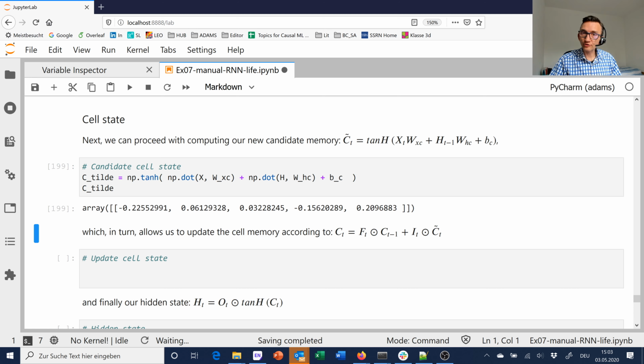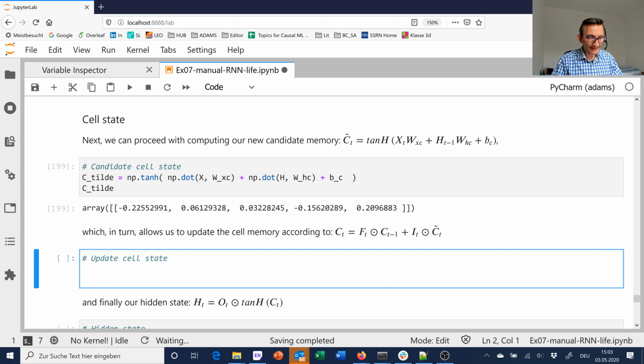That should provide us with a candidate hidden cell memory, which in turn allows us to update the cell memory according to the update equation, where we then see C equals F multiplied with C, the previous cell memory, which was initialized earlier on to 0, just in case.